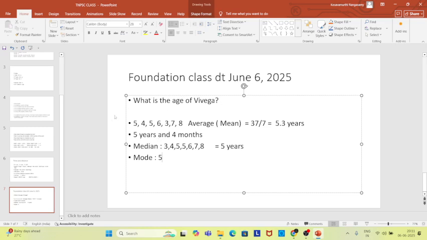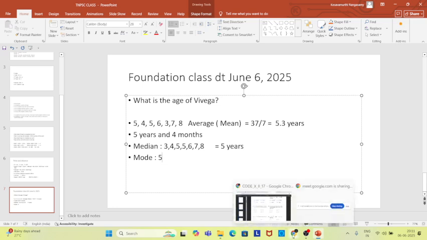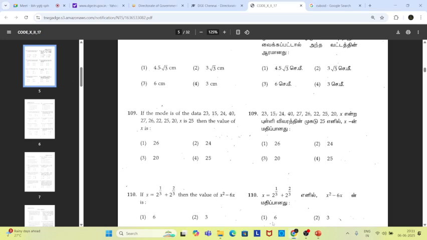We don't know. We got some assessments from 7 people. From that we found the average is 5.3. The median is 5, and the mode is 5. Mode is the number which appears the maximum number of times. So let's go to this question.